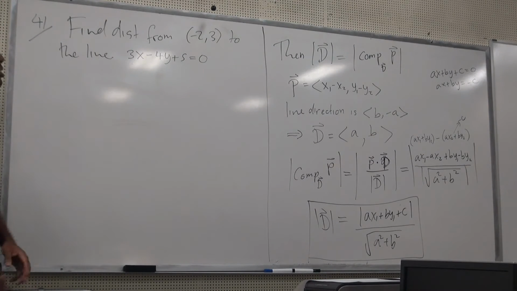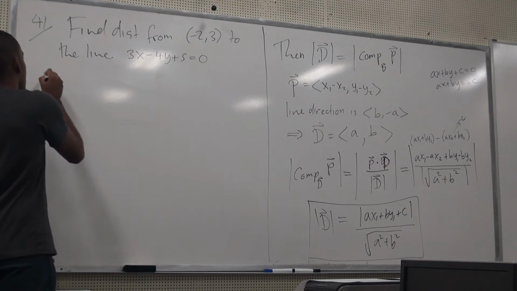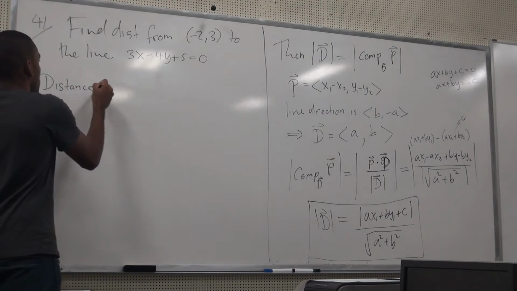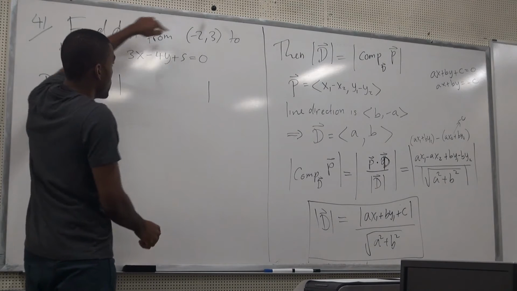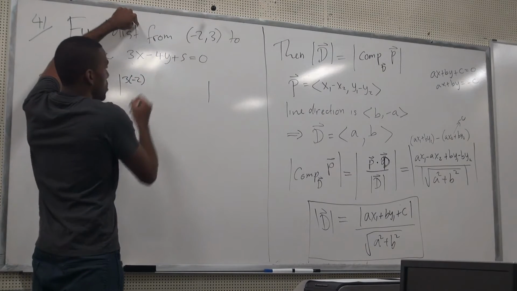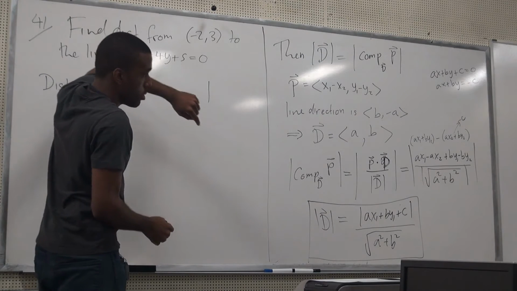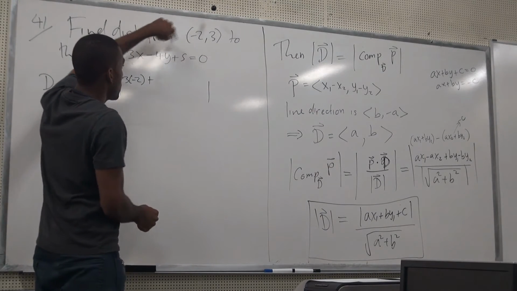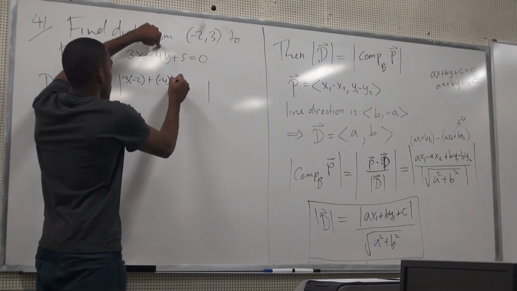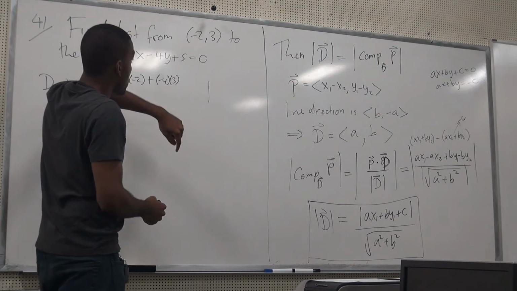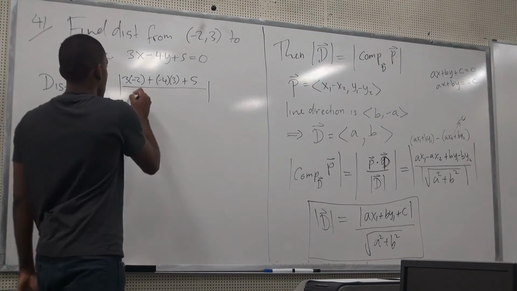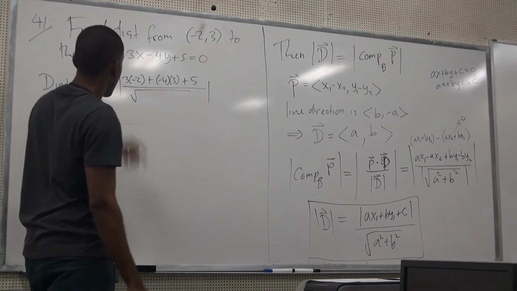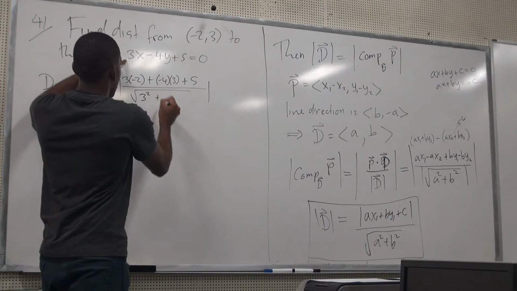Yeah, so what's the distance from this point to that line? Just plug it in. So distance equals, you take the absolute value of a times x1 plus b times y1, so it's a minus 4 times 3, plus the c, all over the radical of a squared plus b squared.